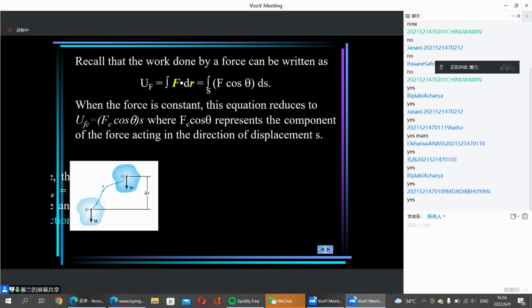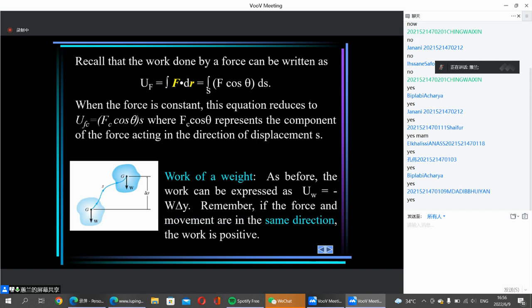The work of a force is easy for us to calculate most of the time. And just like for a particle, for a rigid body the definition of the work by a force is still the same: it measures the effect of the force over the distance.